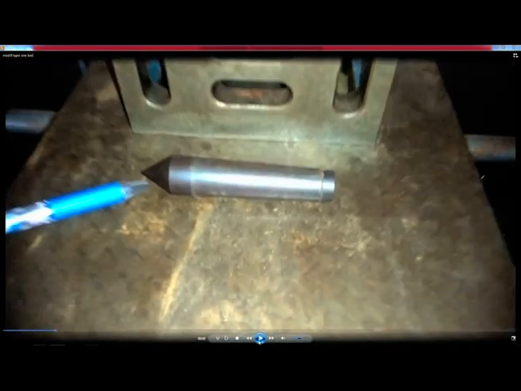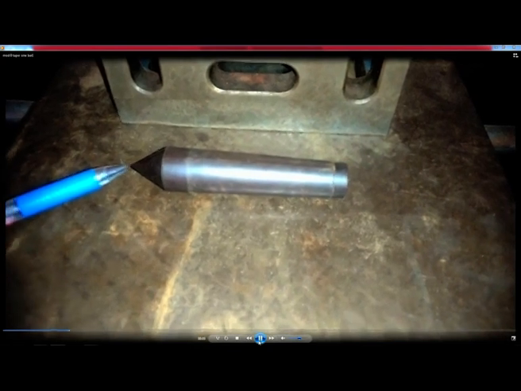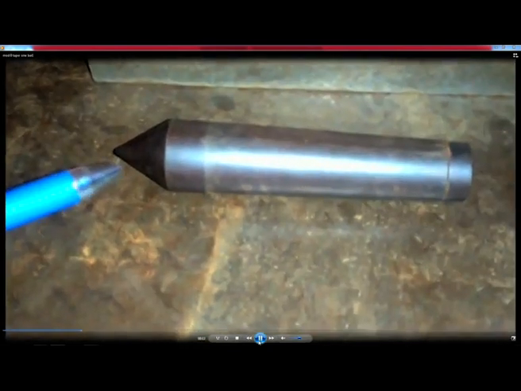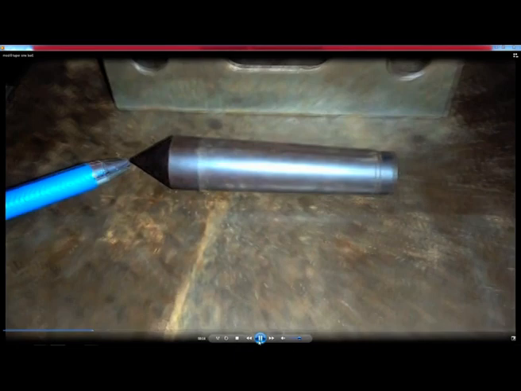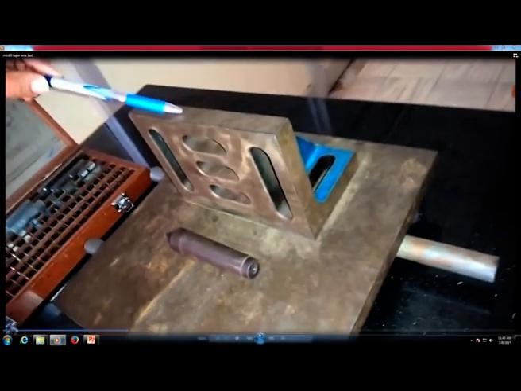We can see the close view of the tapered component. This is the dead center of the lathe. This taper or cone angle we want to measure.